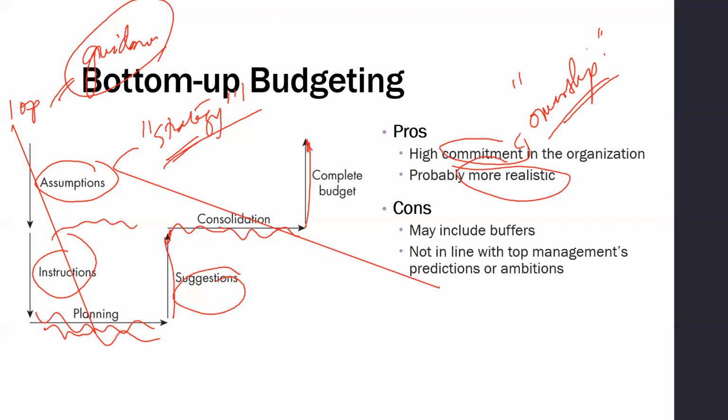Kasi kung dictated from the top, hindi naman nakikita ng top management yung details of expenses. And so therefore, lower level management are actually in the best position to provide a meaningful budget.